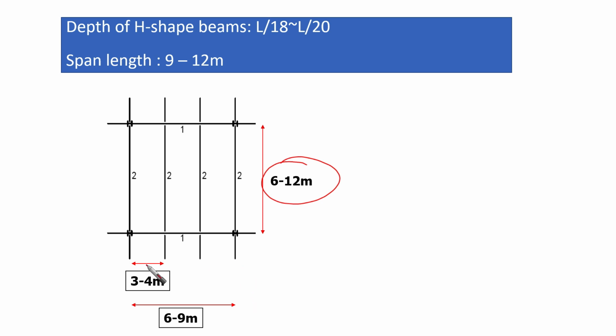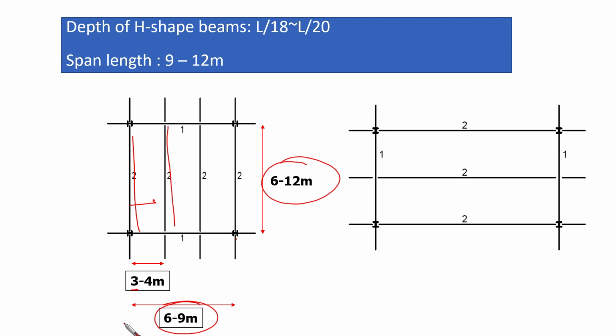The span of the secondary beams ranges from 3 to 4 meters, and the girder spans from 6 to 9 meters. These are the common ranges for us.